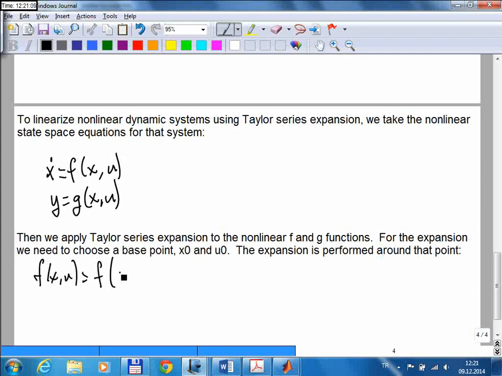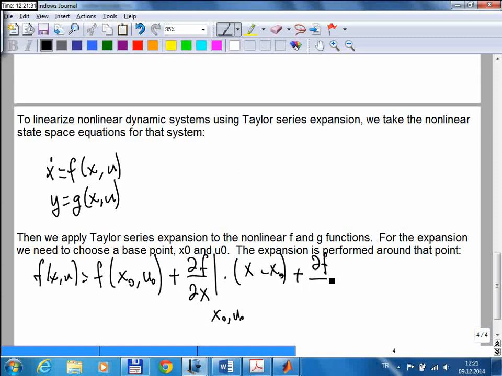So the value of the function at that base point x0 and u0, and then I use partial derivatives. First I differentiate with respect to x and evaluate the value at that base point, and then multiply it with x minus x0, plus, now I take the partial derivative with respect to u, times u minus u0, again evaluated at the base point x0, u0.